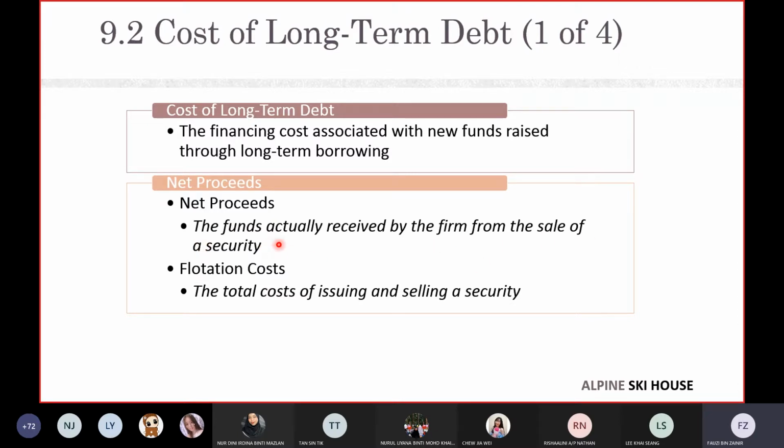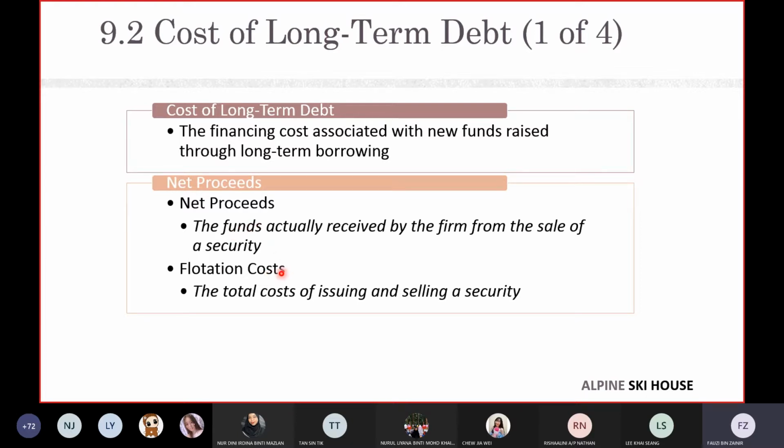Sometimes when the company were to issue new shares, new preferred shares, or new bonds, they have to discount the bonds or the shares, because probably the market's receptivity towards the price of the bonds or that security at its par value is not going to be that good. So you need to discount it so that more buyers will purchase that security. So you need to figure out based on the net proceeds.